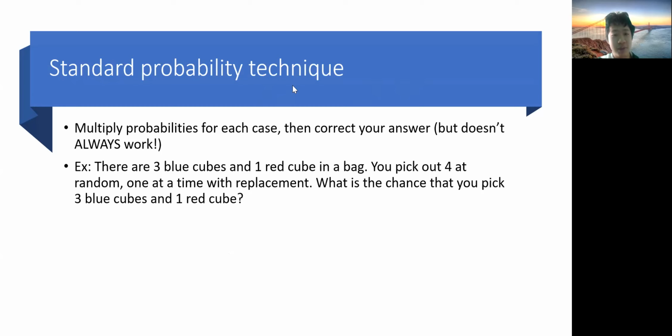So the standard probability technique is that you multiply probabilities and then you correct your answer. Sometimes it doesn't work, but most of the time it does. So let's look at this example. There are 3 blue cubes and 1 red cube in a bag.